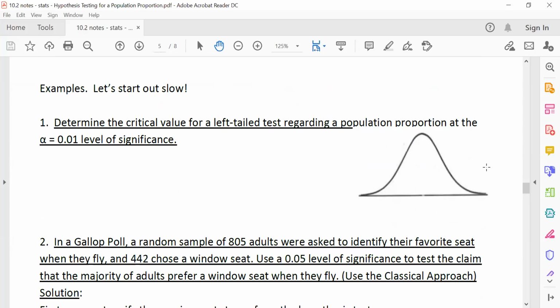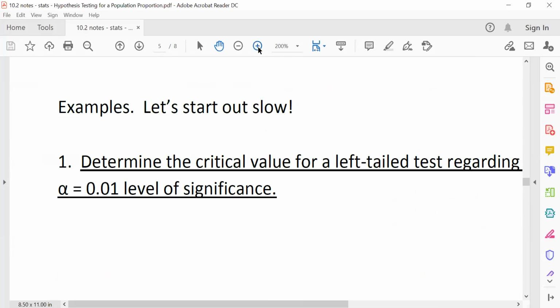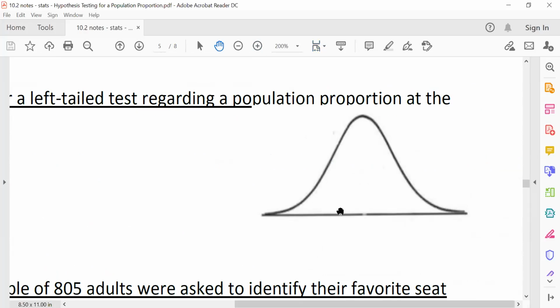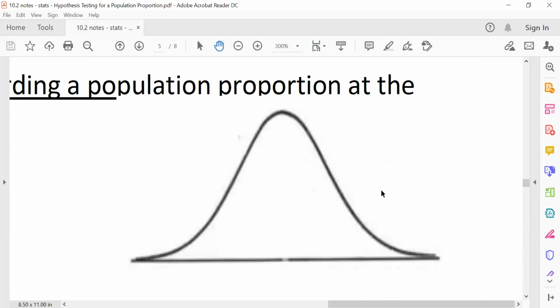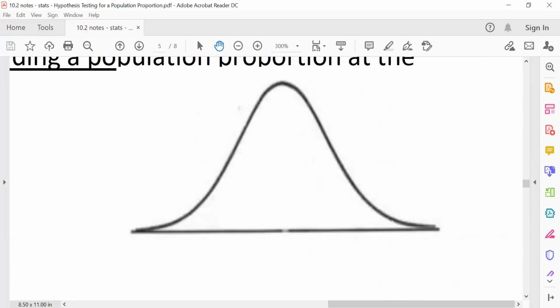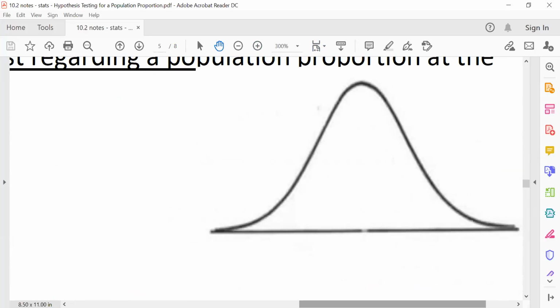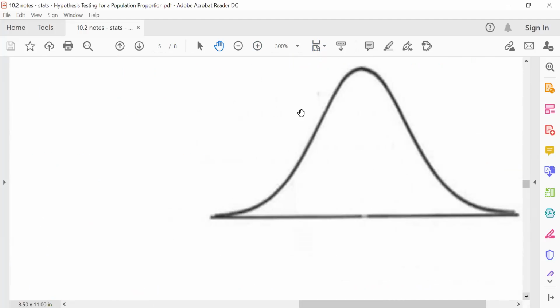You can look at it for a left-tailed test. So let's zoom in on this. Let's talk about a left-tailed test.